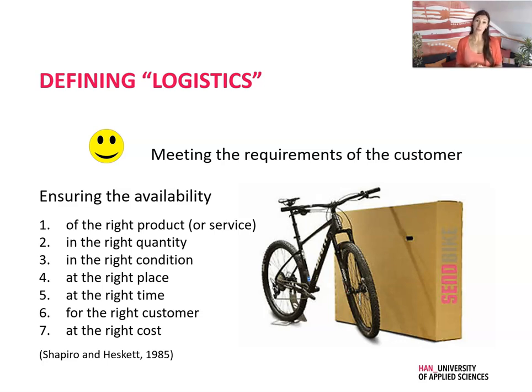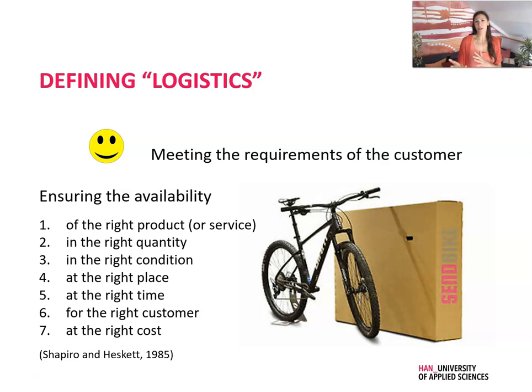At the right time. If you ever purchase anything online, you know that very often companies not just tell you which day they will deliver the product, but even which window of time, which couple hours within the day it will be delivered. And at the right customers.